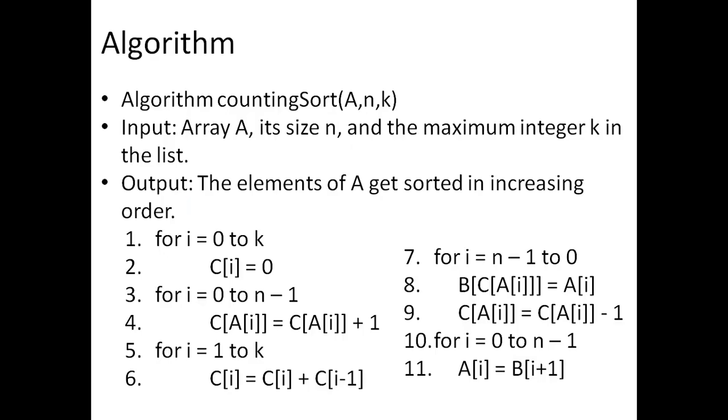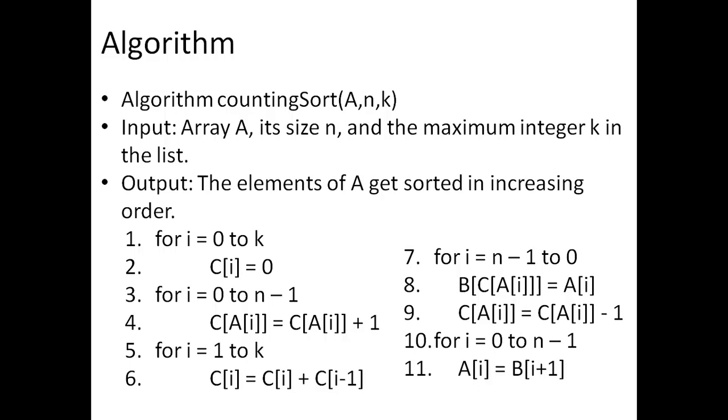The algorithm for counting sort goes the same way as we have just followed in the example. The procedure needs an array A, its size n, and the maximum integer, that is k.